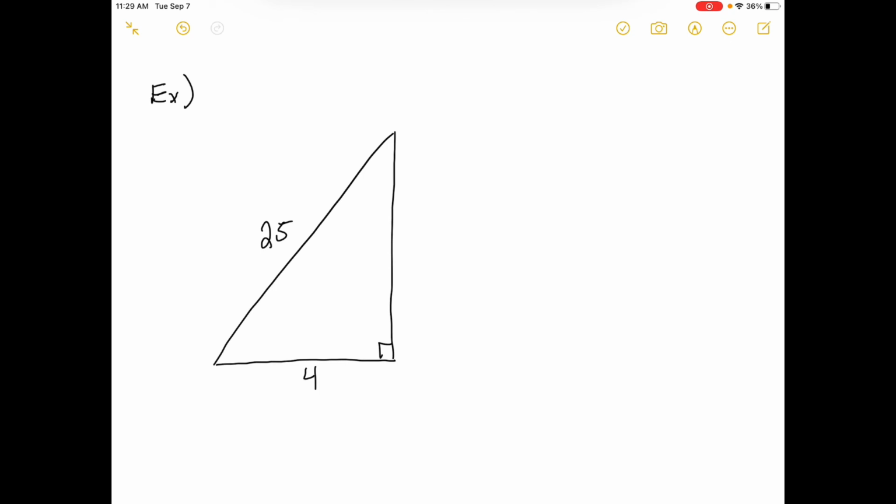Okay, let's look at one where you have the hypotenuse and you have one of the legs and you're missing the other leg. And so what we can do in this situation, we know we're using the Pythagorean theorem. This is not a triple.